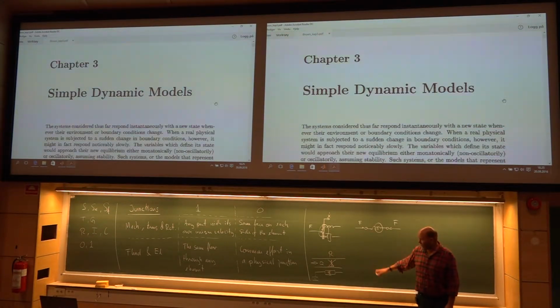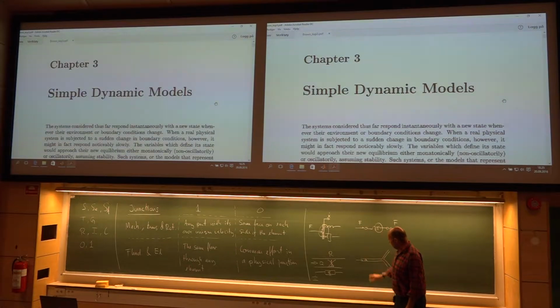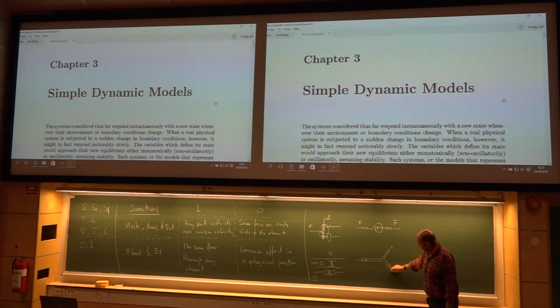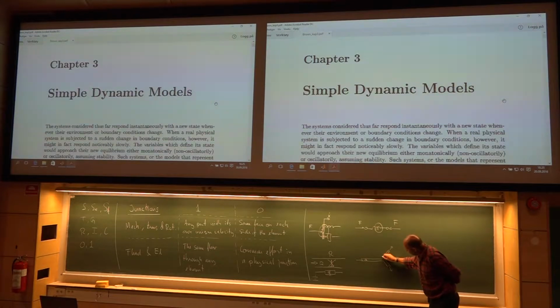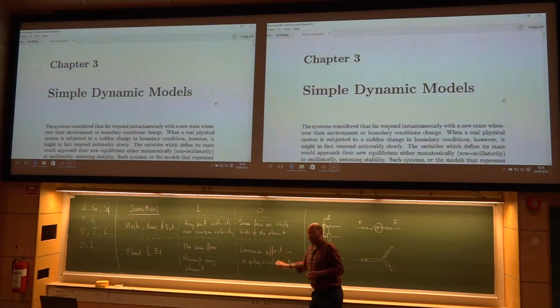Physical junctions. Okay, you have a pipeline coming here, and then this pipeline branches like this. So one flow Q1 comes here, but then Q2 and Q3 go out with some numbers, we don't know how. But this junction here, that's a physical junction. You will have the same pressure regardless if you're looking in pipe 1 and pipe 2 and pipe 3. It's the same pressure at this point. So the same pressure, that's the common effort.